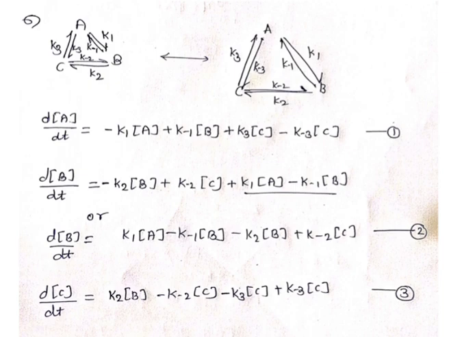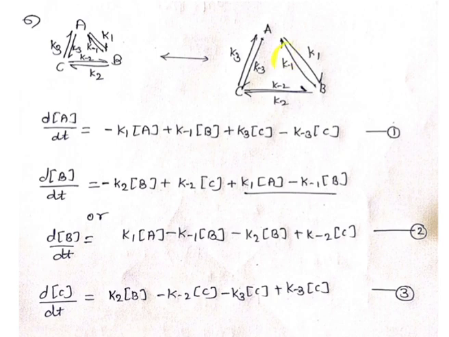Then in the same way you can write down the rate for dB by dt. B is formed initially by rate K1 from A, therefore formation rate is positive: K1 into concentration of A. Then it goes on decreasing to form A again, therefore the decreasing rate is minus.